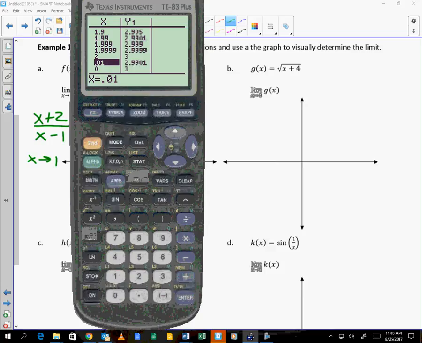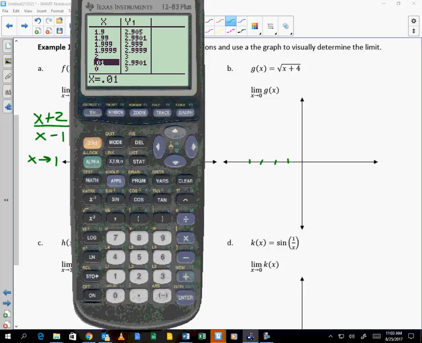The square root of x plus 4, what does that look like? Yep, very good. Shifted to the left 4 units. And it's going to have a y-intercept of 2, because if I plug in 0 for x, I get 2. If we plug in 2, we get 3.